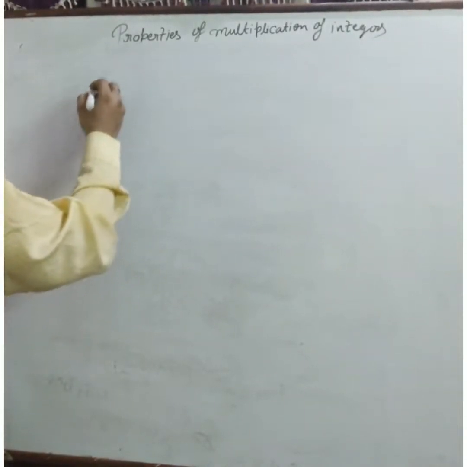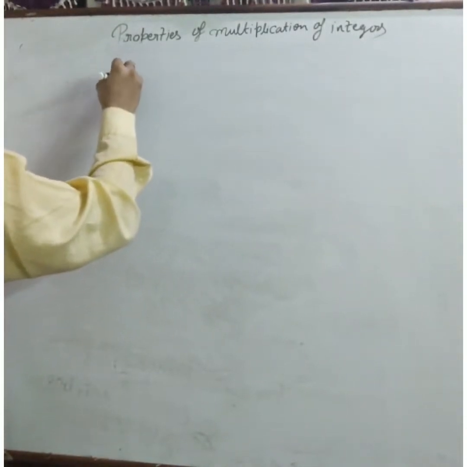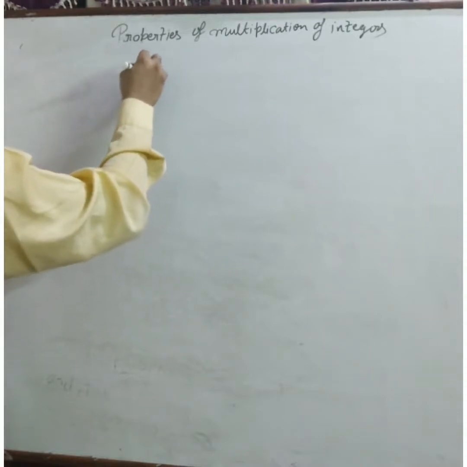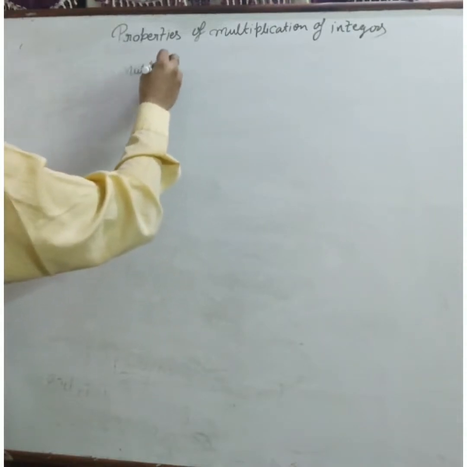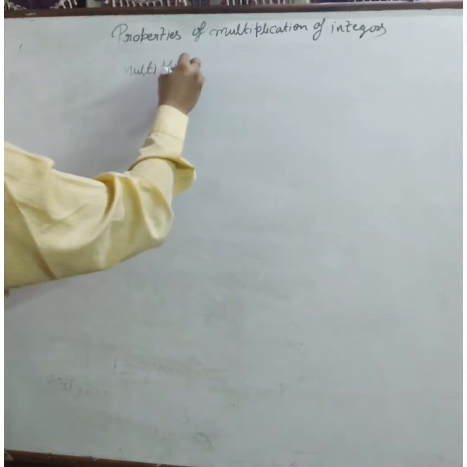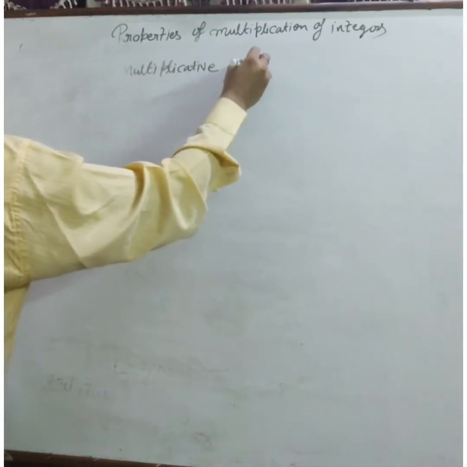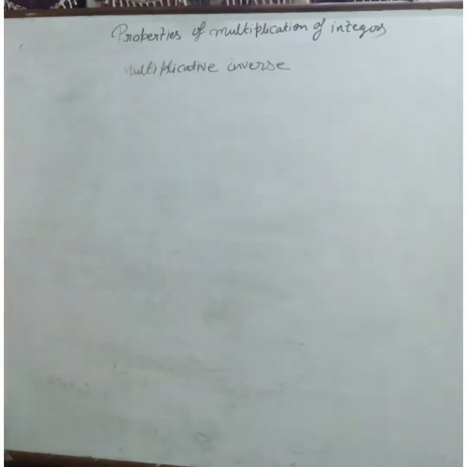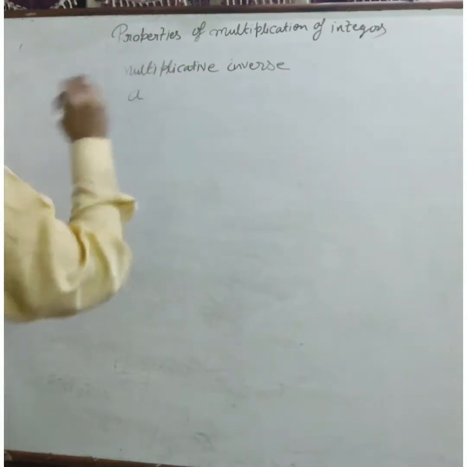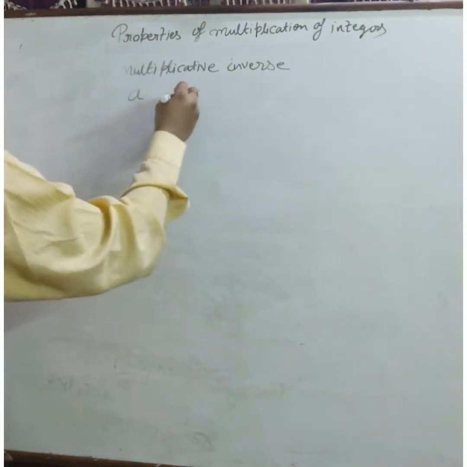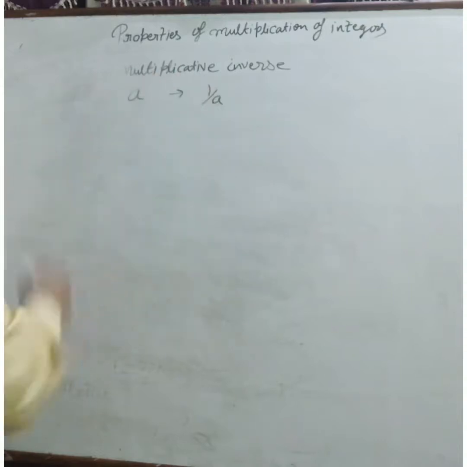The next property is the multiplicative inverse. So what is the multiplicative inverse? If a number is a, then its multiplicative inverse is 1 upon a.